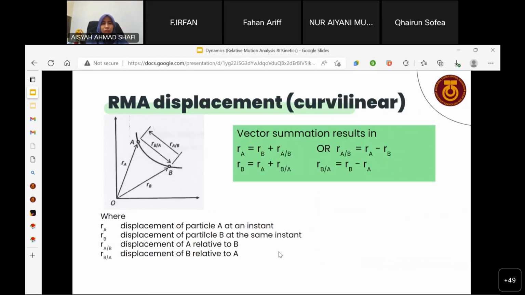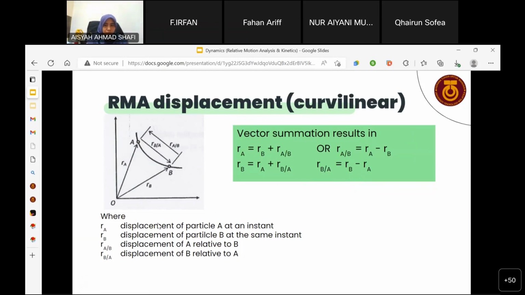That one is for rectilinear, and for curvilinear, it is the same. If it is A relative to B, it is R_A minus R_B. B relative to A is R_B minus R_A.